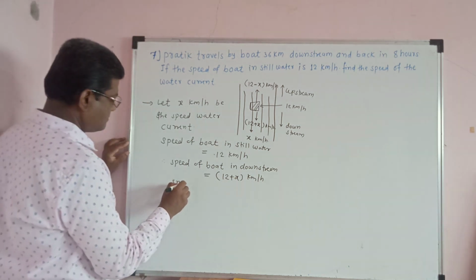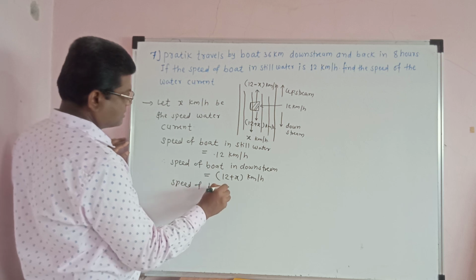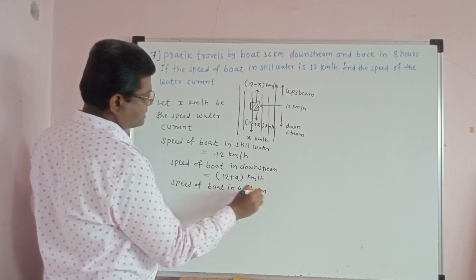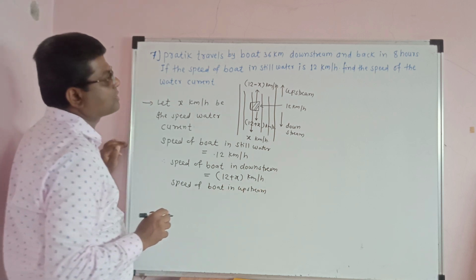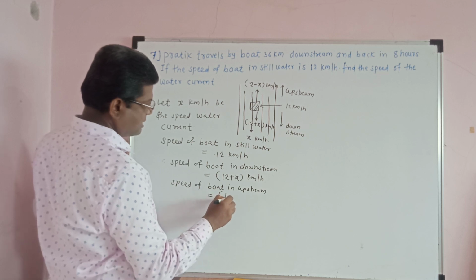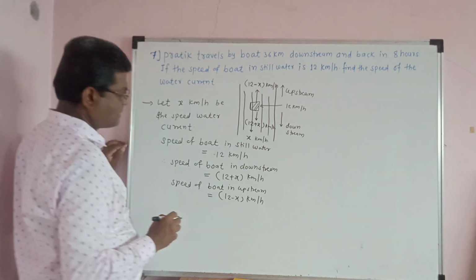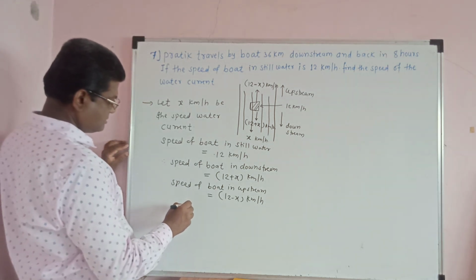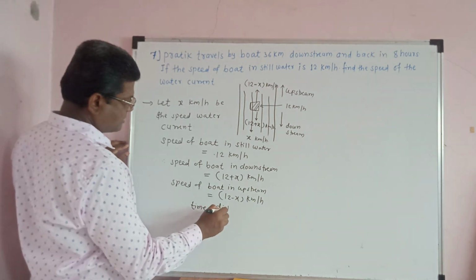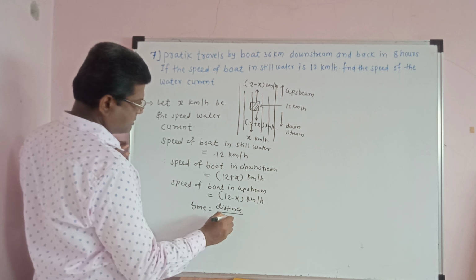And speed of boat in upstream, means in the opposite direction of water current, will be 12 minus x km per hour. Now we know that time is equal to distance upon speed.